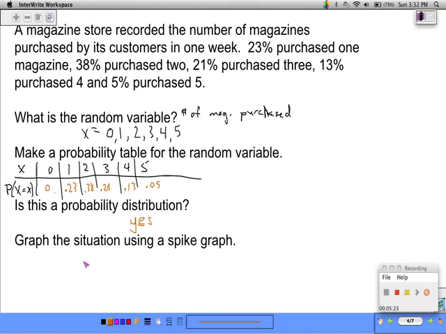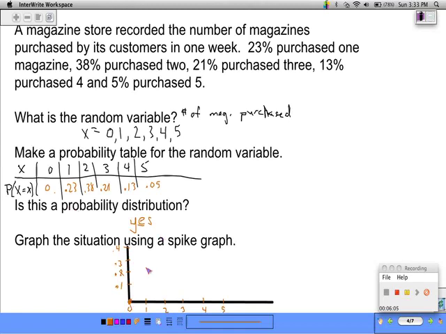Now we want to graph this using a spike diagram, or a spike graph. It's very similar to a bar graph. The probabilities go up the vertical axis, the random variable goes on the bottom, and what we're going to do is put a dot at each probability.